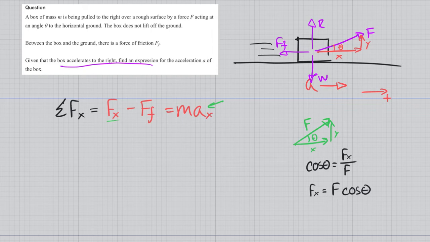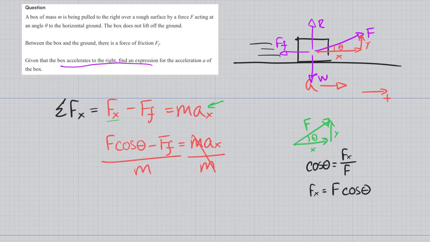Then what we can do is plug that equation into there. So we're going to have F cosine theta minus my force of friction equals mass times acceleration in the x direction. Now we simply need to solve for acceleration. So we're going to divide each side by my mass.